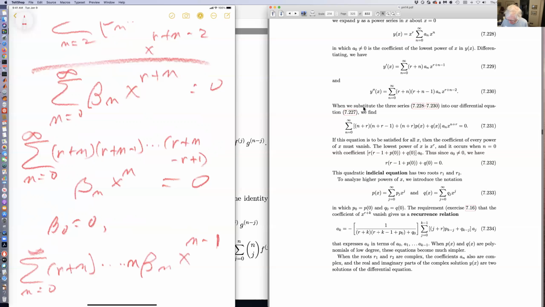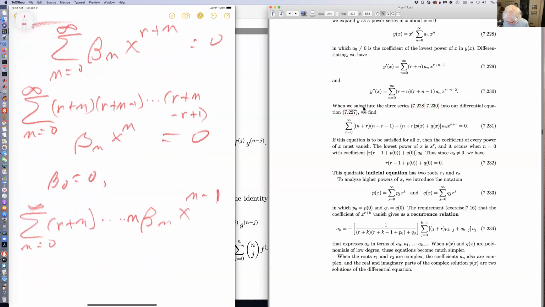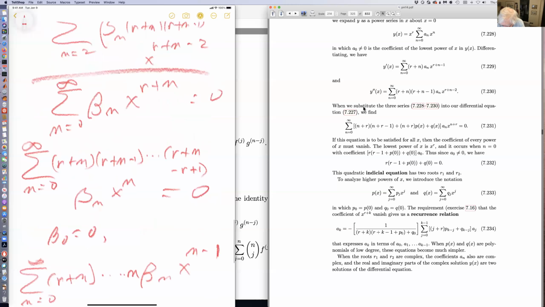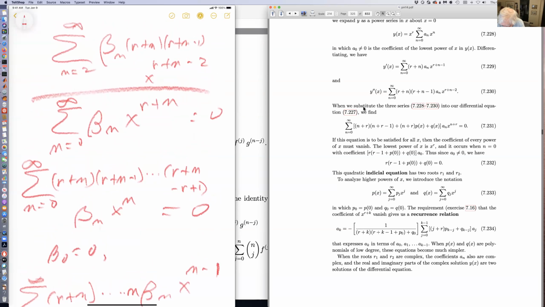And once again, you set x equal to 0, and the lowest order term, what am I saying here? Actually, I shouldn't have called it beta sub n. Let me call these beta sub r plus n.